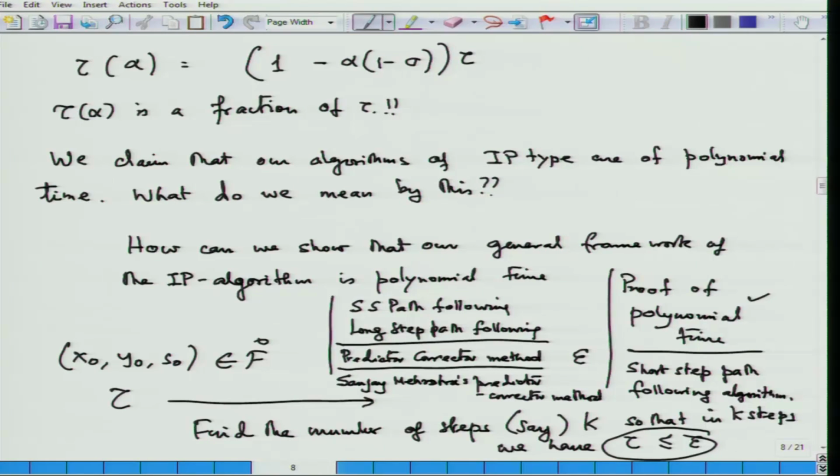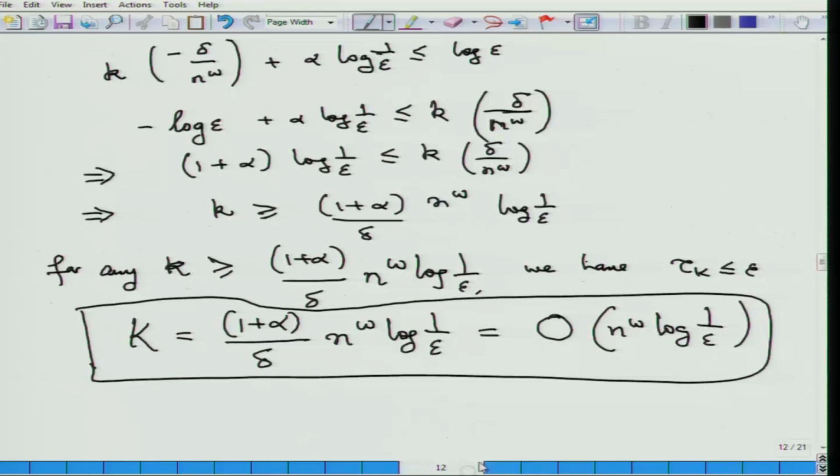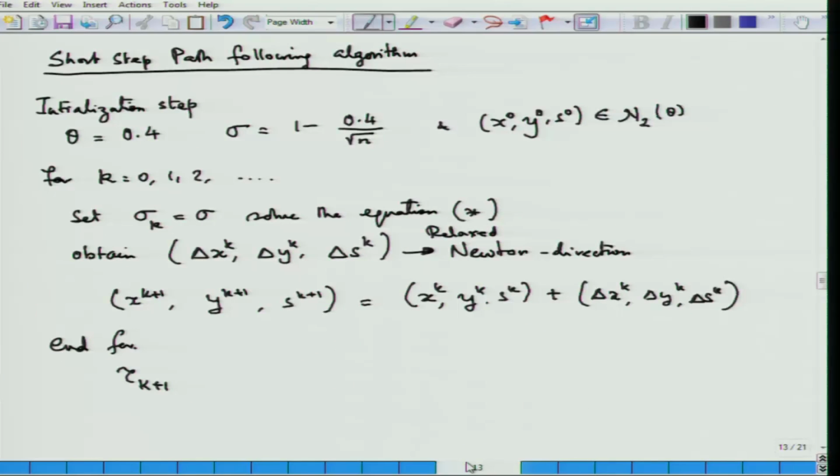So, in this particular case, just let me write down. When I take alpha equal to 1, this 1 and 1 will cancel, and you will have sigma into tau. In this particular case, tau k plus 1 is sigma into tau k, and what is sigma? 1 minus 0.4 by root n, times tau k.